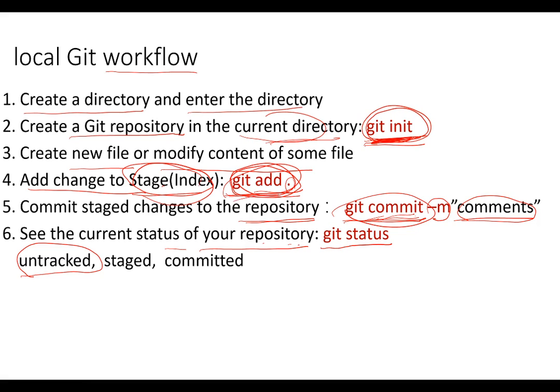If you use add for the file or for some change of a file, then the state will become staged. If you submit all your changes to the Git repository, then the state will become committed. It means all your changes are committed to the repository.